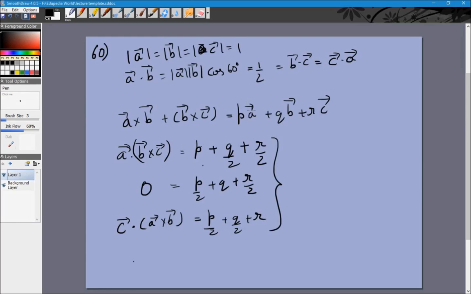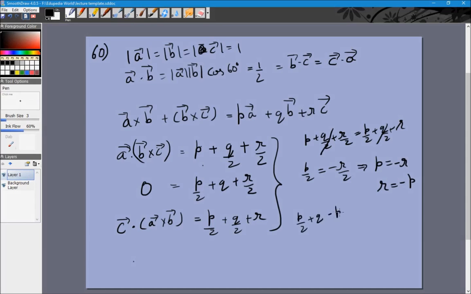We can equate the first and the third. So we get P plus Q by 2 plus R by 2 is equal to P by 2 plus Q by 2 plus R. Q by 2 cancel. We get P by 2 is equal to minus R by 2, or P is equal to minus R, or R is equal to minus P. We'll put everything in terms of P. So R is minus P. You put it in the second one, what you get is P by 2 plus Q minus P by 2 is equal to 0.